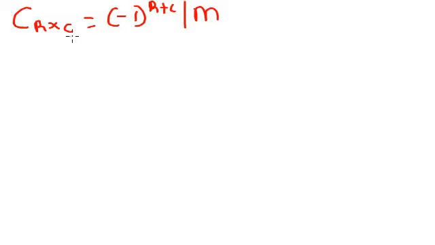The cofactor is represented as C sub row by column, where this is the dimension of the element in that given matrix, and is given as negative 1 to the power of the sum of that dimension, that's R plus C, then multiplied by the determinant of the minor matrix of that same element in that given dimension, M sub R by C. So whatever answer you have here will be the cofactor of that element.